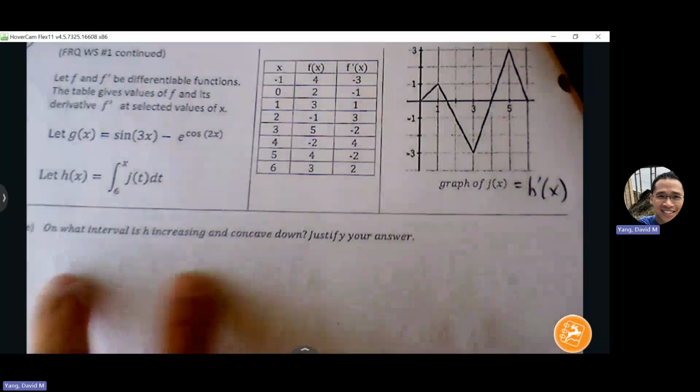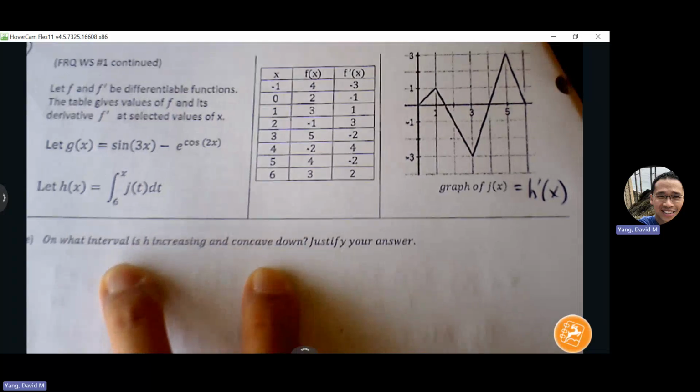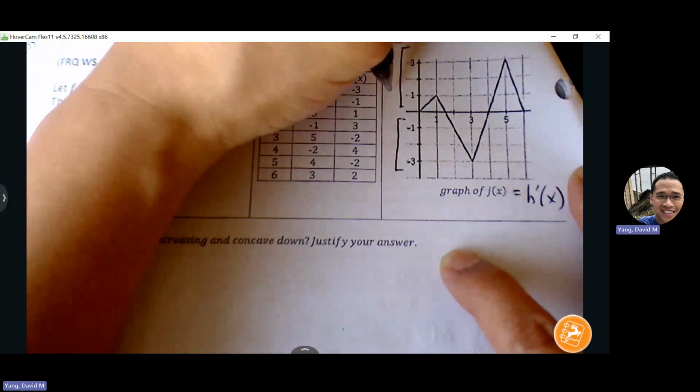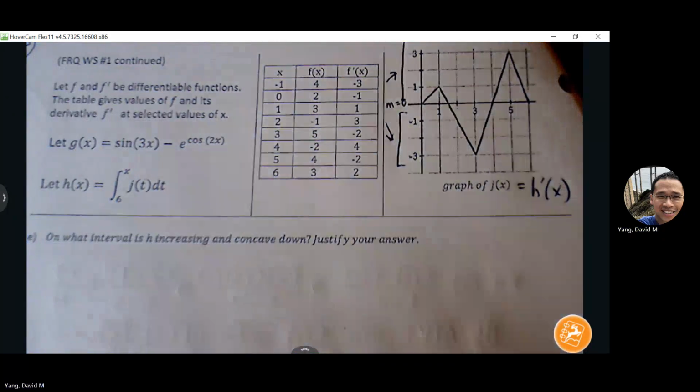Remember, if we're looking at a derivative graph, we gather information the way we interpreted derivative graphs. This is the h prime graph. I'm going to label my information for my derivative graph. Anything above the x-axis indicates where my original h graph is rising. Anything below the x-axis indicates wherever my h graph is falling. Anything on the x-axis is where my h graph is experiencing a slope of 0.